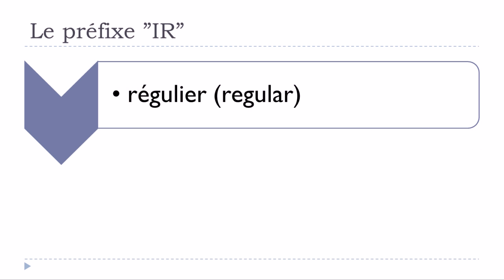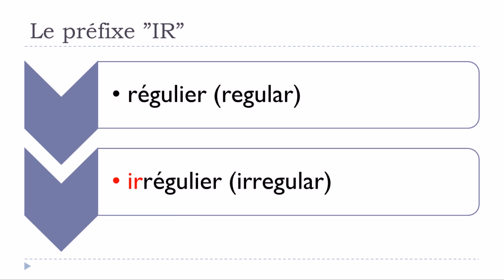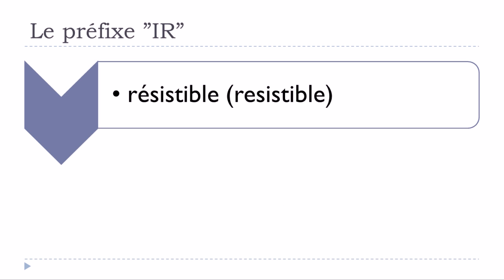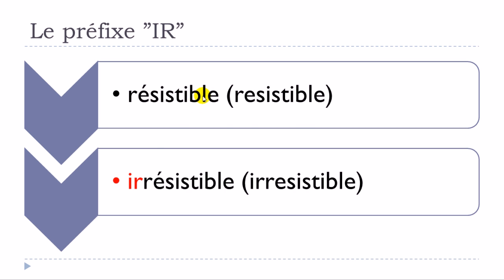Then exactly the same technique. IR, and after that you put it back. Irrégulier. Régulier, then irrégulier. The last one. Résistible. Exactly the same way. IR, and you put it back. Irrésistible. So, résistible, irrésistible.